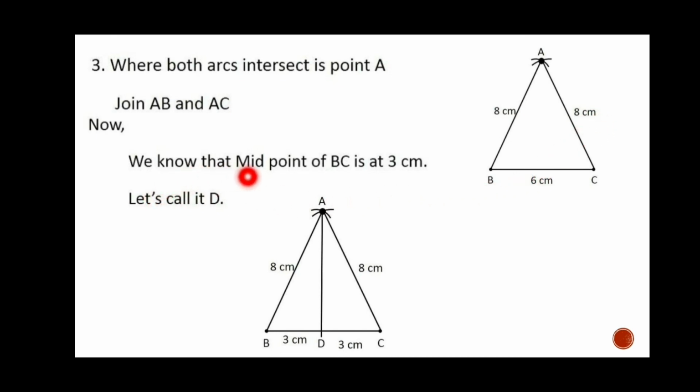Now the midpoint of BC will be at 3 centimeter, because BC is 6 centimeter and half of 6 is 3 centimeter. Let's call this midpoint D.